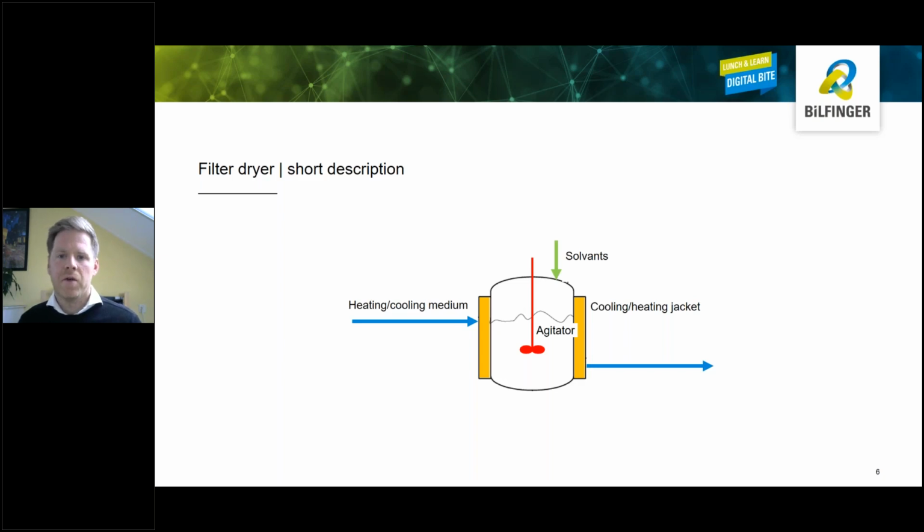And this heating jacket is cooled down or heated up by means of a cooling or heating medium. The pressure inside the filter can also be regulated, so you can apply a vacuum or you can increase the pressure by applying nitrogen pressure. And finally, when the product is finished, when it's dried sufficiently, then the product is discharged at the bottom of the filter.